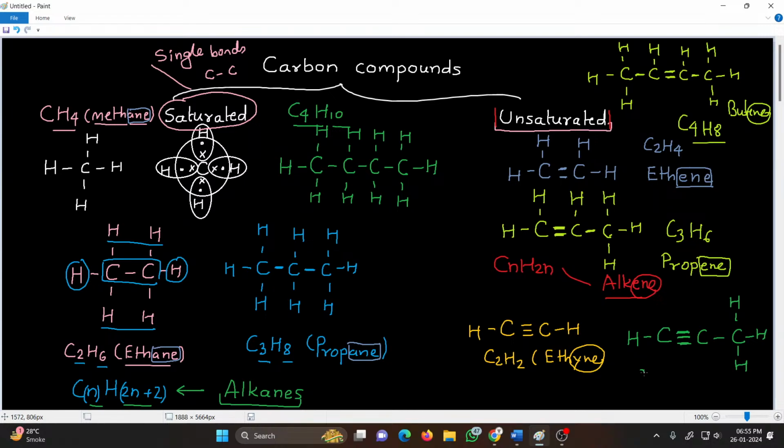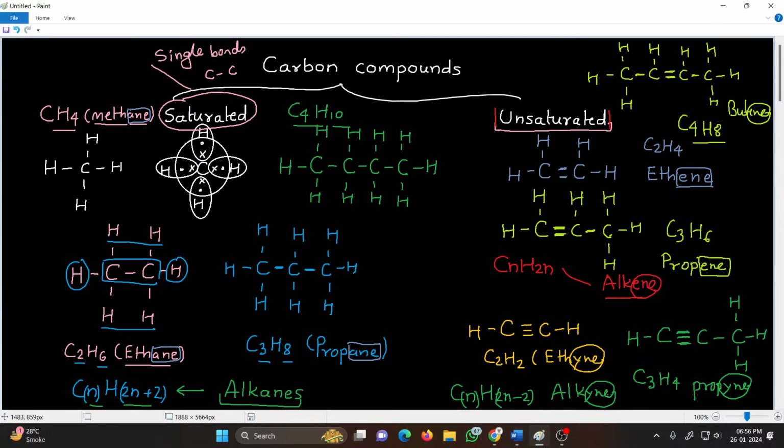So the formula will be C3H4 and the name will be propyne, again YNE. So the general formula for this is CnH2n minus 2, and the family is known as alkynes.